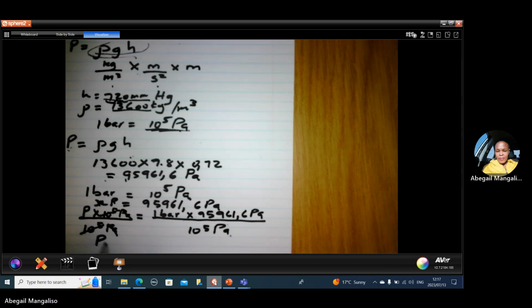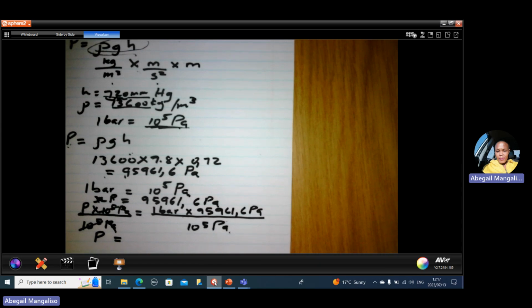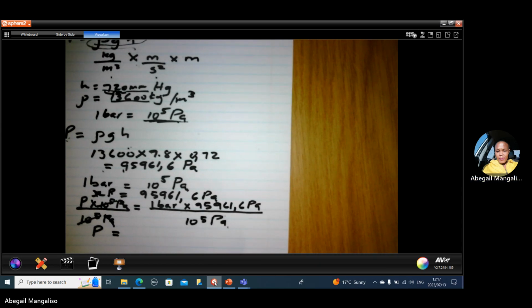On this side you are only left with P, the unknown. The unit pascal cancels out pascal, so the answer will be in bars. We divide this value by 10 to the power 5, and it will be 0,9596.